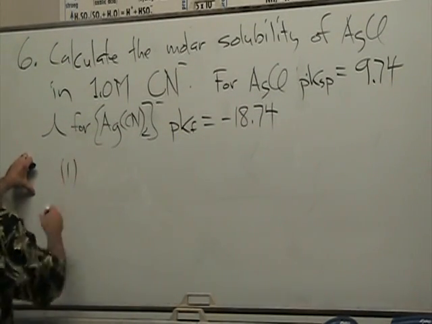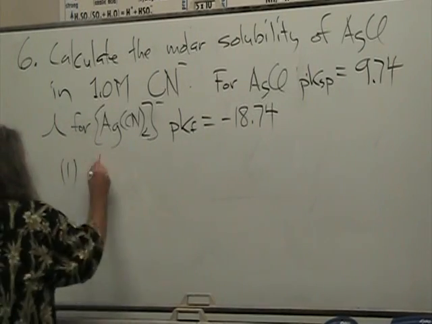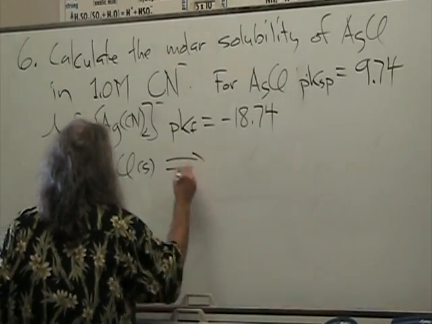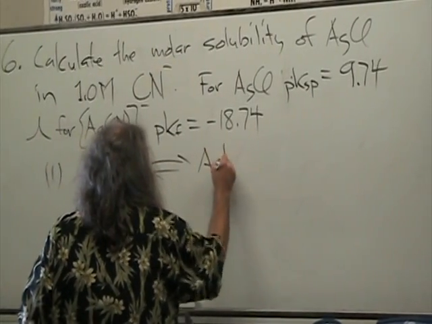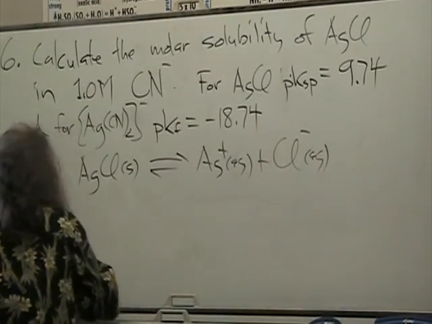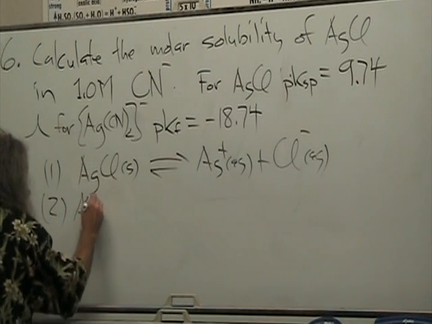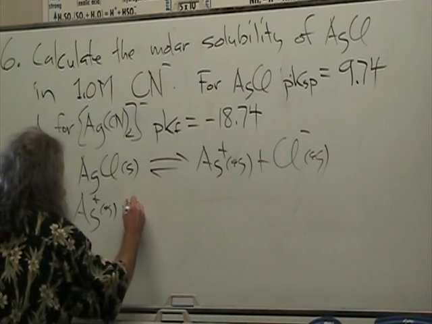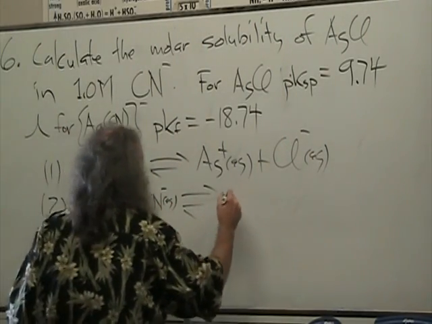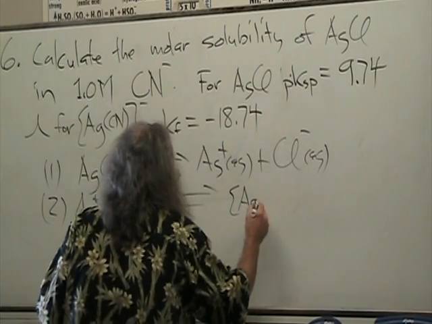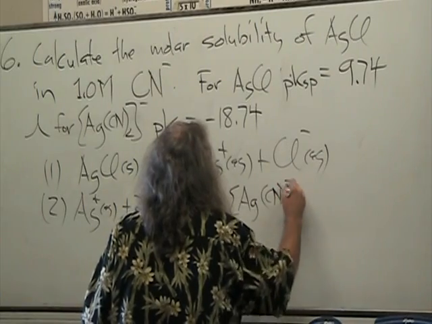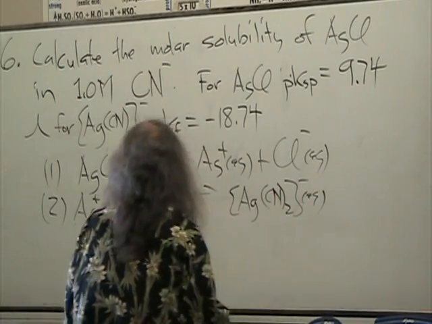Okay, so we have reaction 1, silver chloride solid is in equilibrium with silver ions plus chloride ions. And reaction 2, I take the silver ions plus 2 cyanides in equilibrium with the silver dicyano complex.